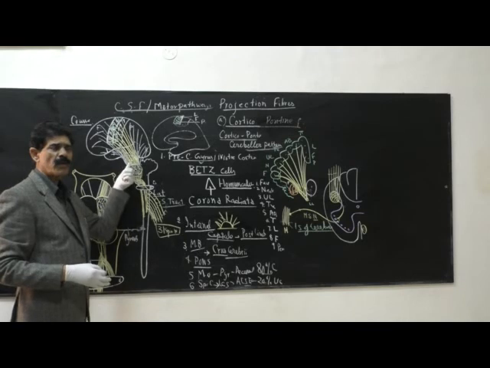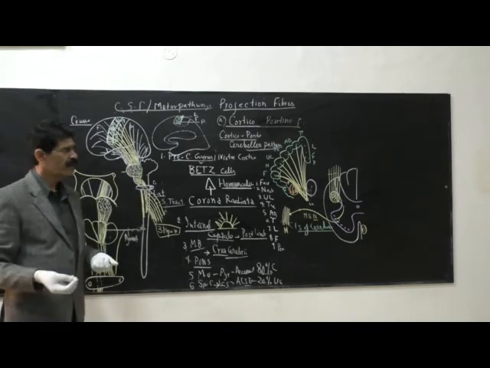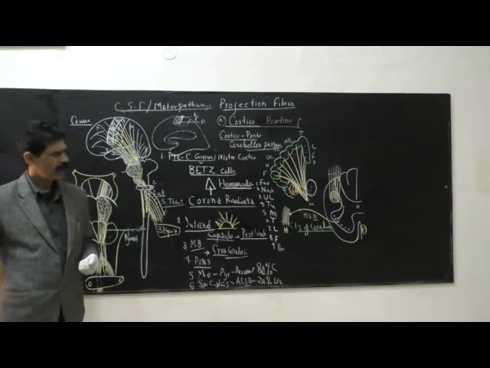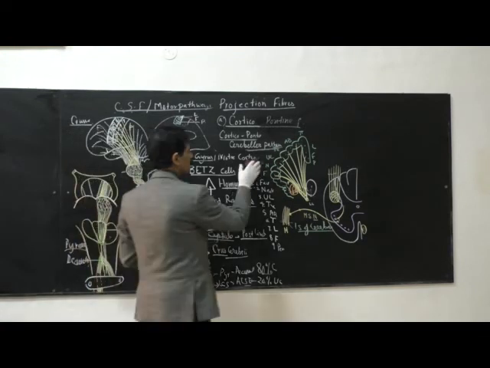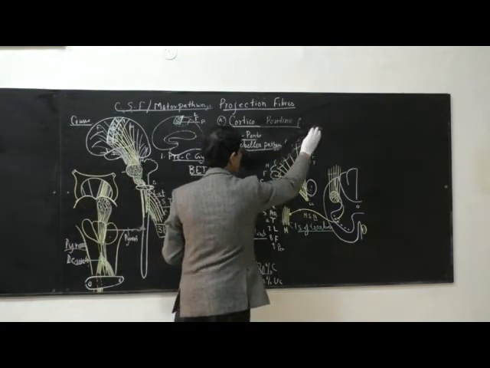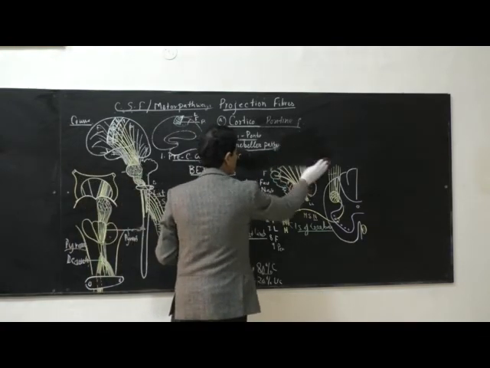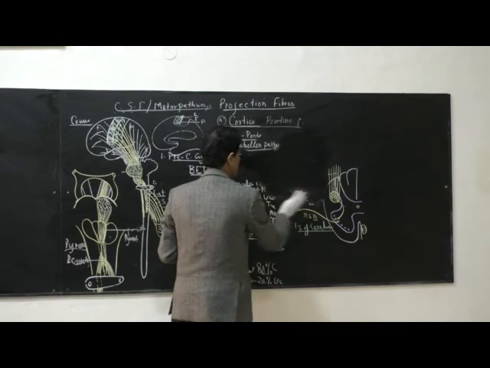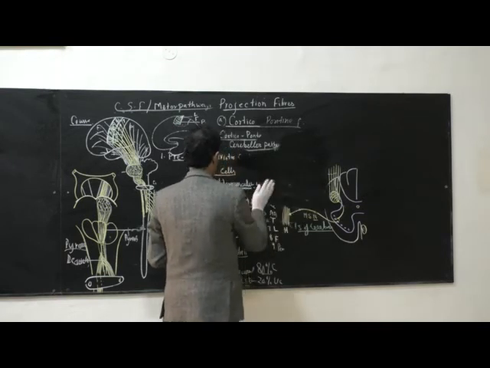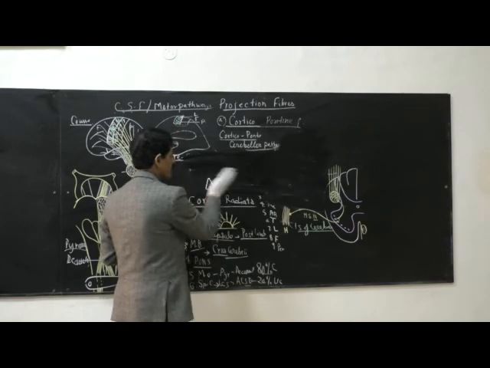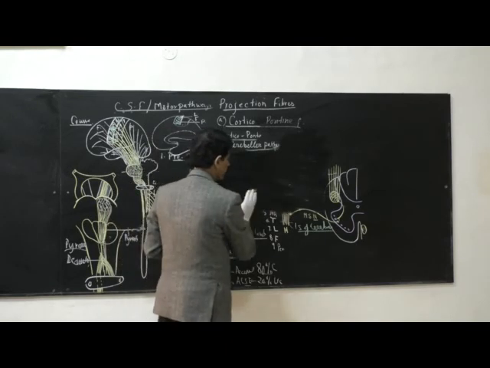They are named according to their lobe of origin in the cerebrum, and are labeled as four types.